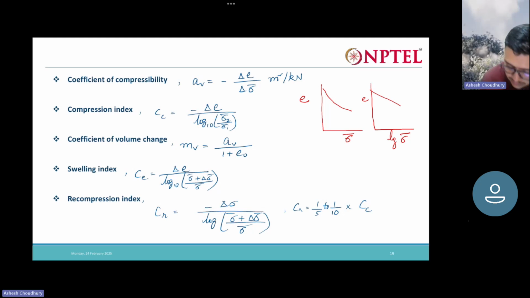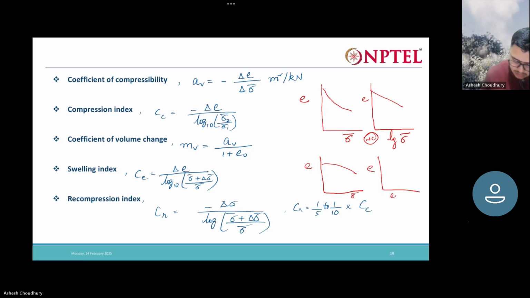And for over consolidated soil, the curve is going to be something like this. This is how the curves are going to look for normally consolidated and over consolidated soil.